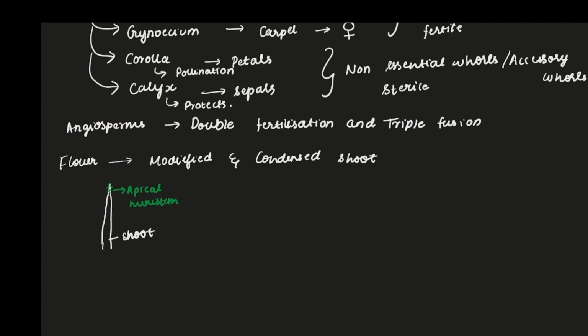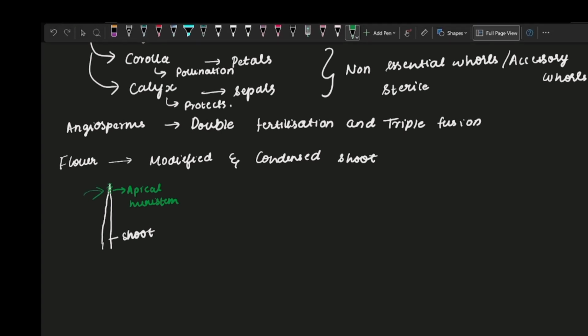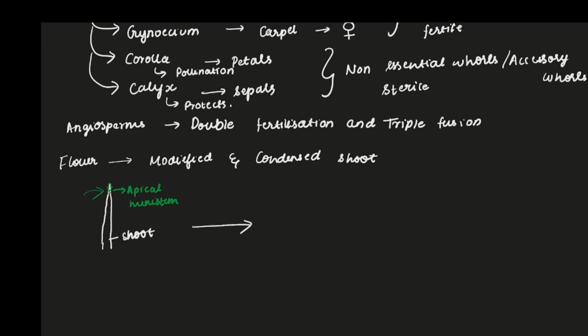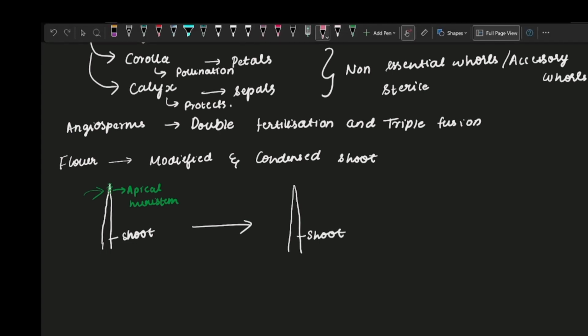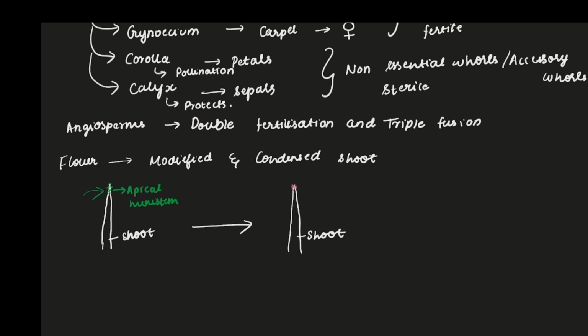Now what happens if a flower is going to arise from this part? We have the same shoot in here, and that apical meristem is going to transform to floral meristem. It gets modified, and hence we use the word modified here.